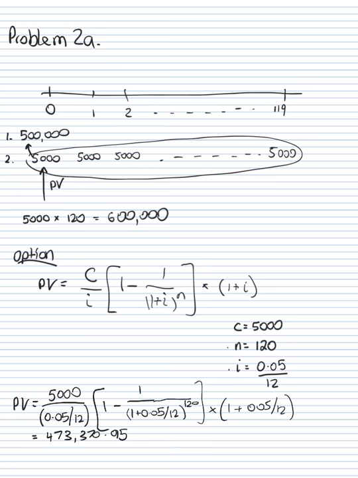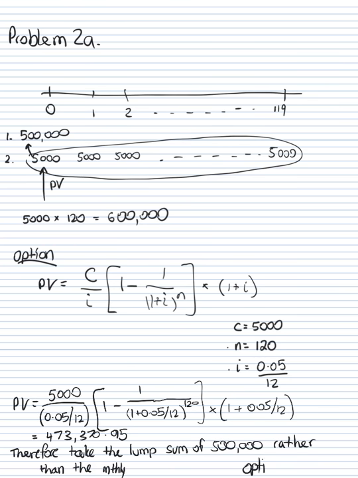So what we would say is, therefore, take the lump sum of 500,000 rather than the monthly option. And the reason for that is 500,000 is greater than the present value of the monthly option.